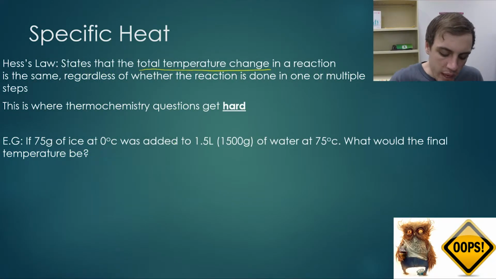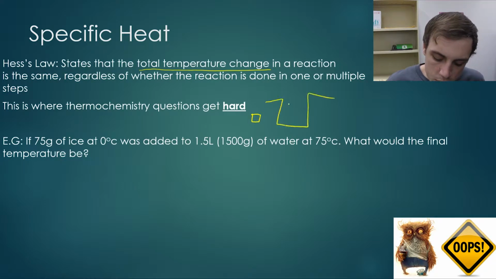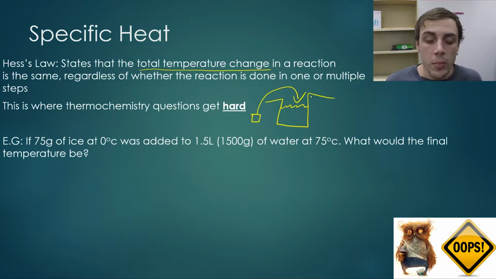Let's look here. We have 75 grams of ice at 0 degrees, and we add this to 1.5 liters of water at 75 degrees. If we have our little cube of ice and we plonk that into our beaker full of water at 75 degrees, what would the final temperature be?